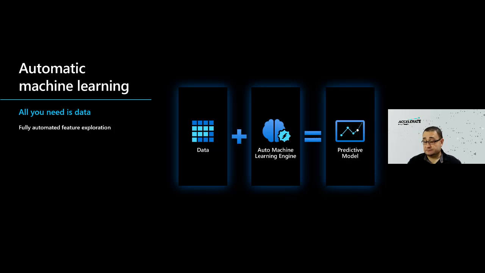Another big added feature in Synapse Analytics is the ability to use what they call automatic ML. This is a nice feature that they already have available in Azure as a standalone component within their Azure machine learning offering. AutoML really allows you to do data exploration, data discovery, and understand what is the best predictive model that you can use for your particular use case. So is it some type of regression model?